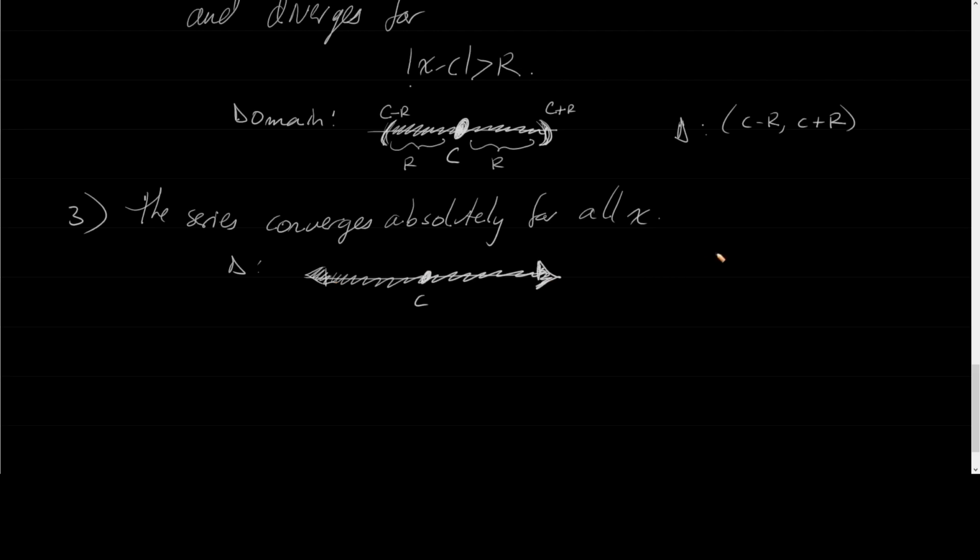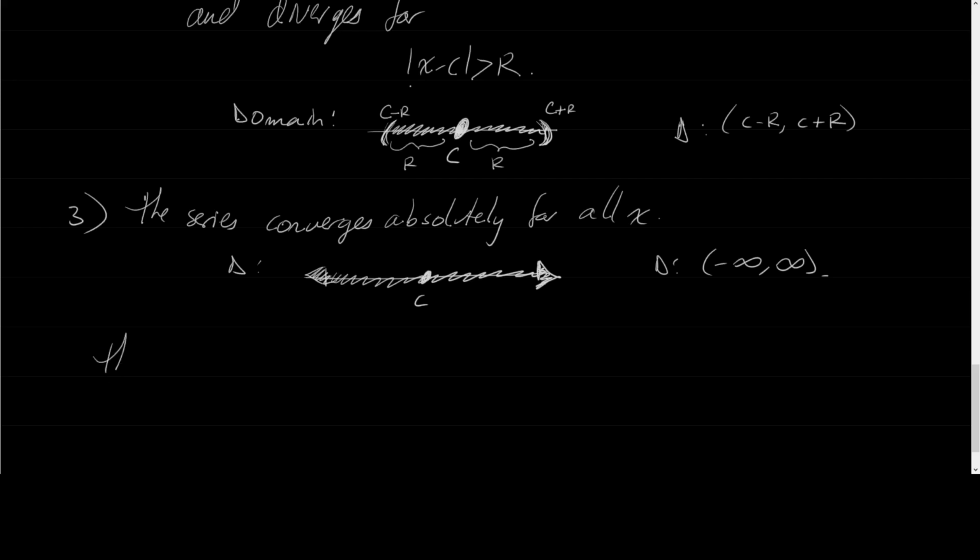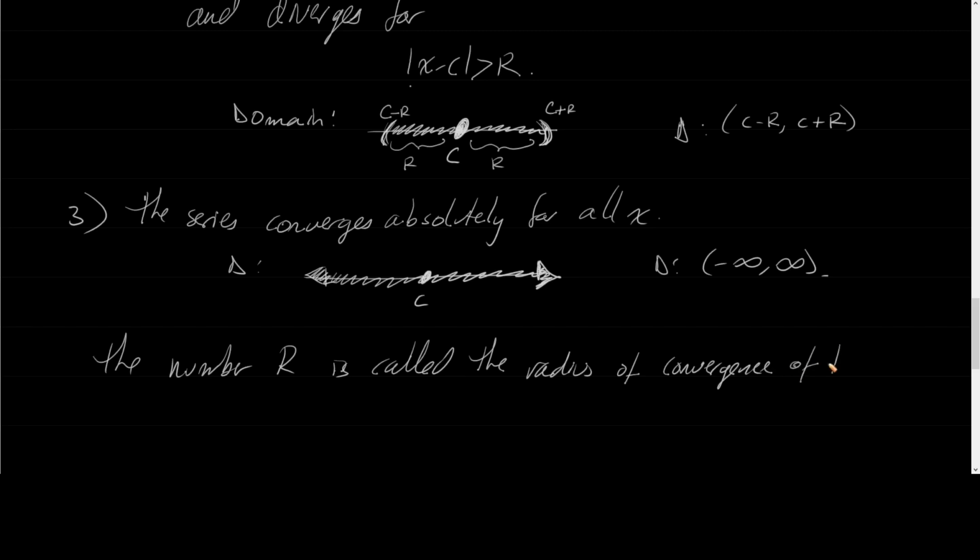So in interval notation, the domain would be from negative infinity to positive infinity. So those are the three possible scenarios. In here, that number r is called the radius of convergence of the power series.